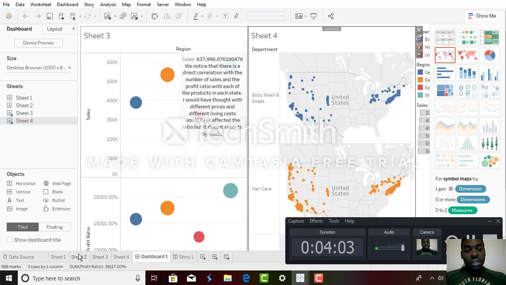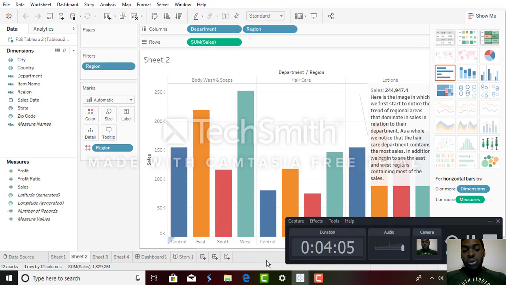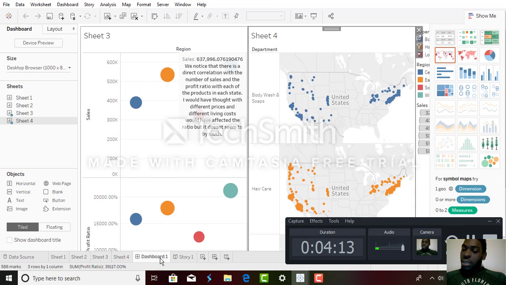But if we look at the data from sheet two, we notice that the southern region contains the least amount of sales, which was able to help me analyze and come to a recommendation that these products should be advertised more in the southern states.